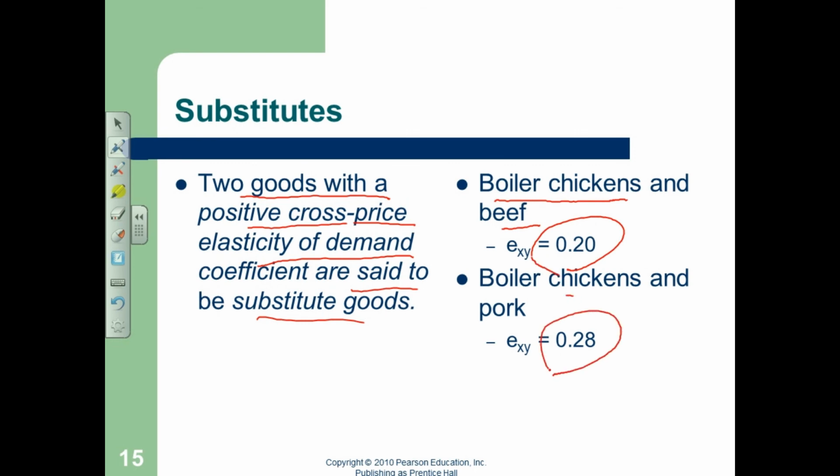Chicken and pork, also positive, right? So these are substitutes for one another, because the cross-price elasticity ends up being positive for them when we calculate them. That means when the price of one goes up, the quantity demanded for the other one would go up.